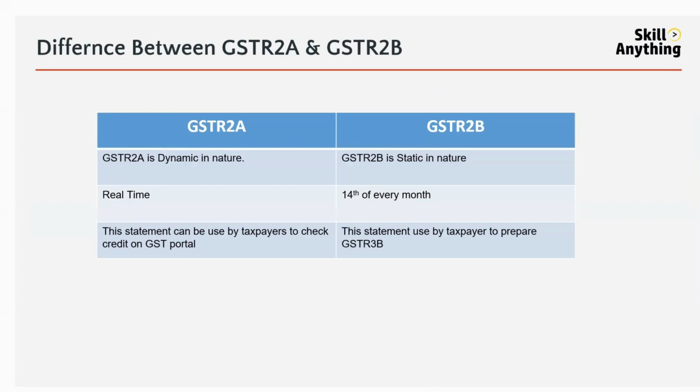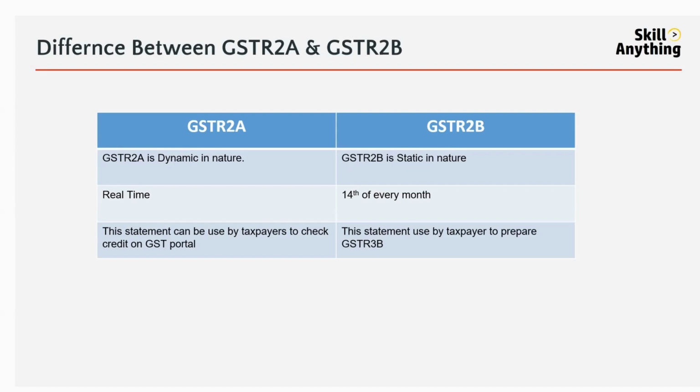GSTR-2A is dynamic in nature; it varies from day to day. And GSTR-2B is static in nature. It remains constant and cannot be changed after entering into GSTR-2B. GSTR-2A shows real time.